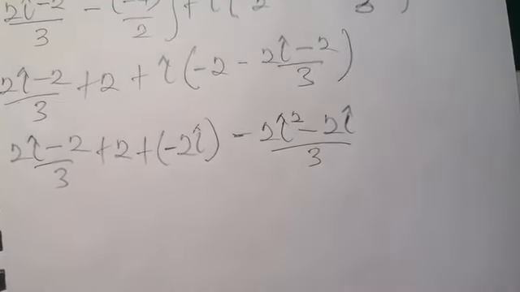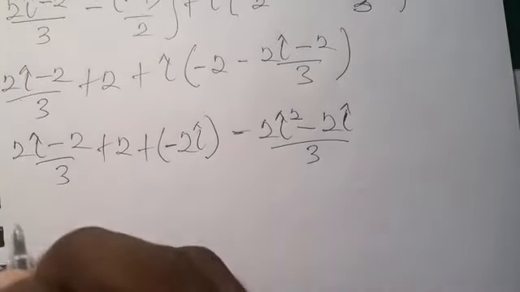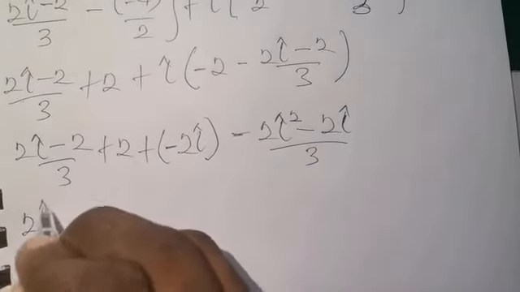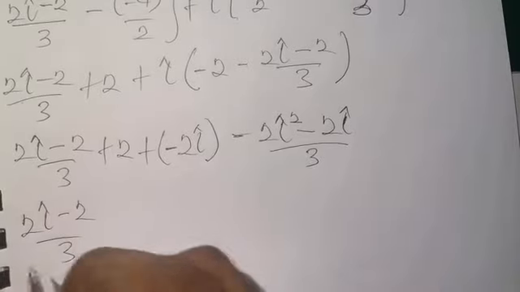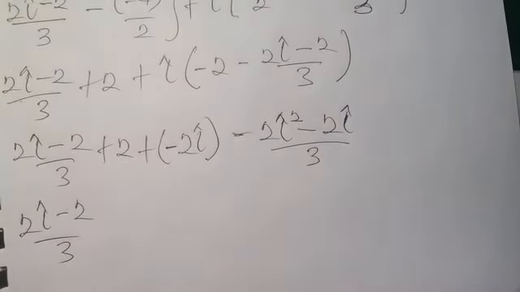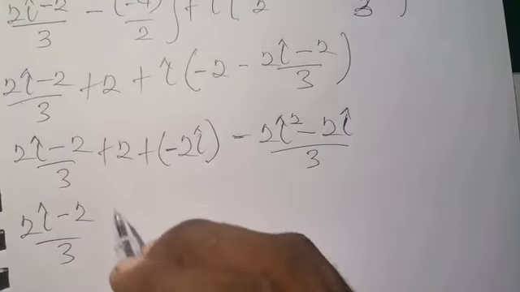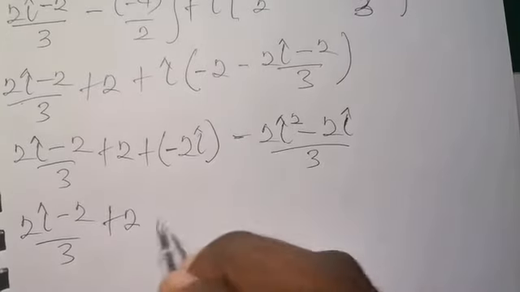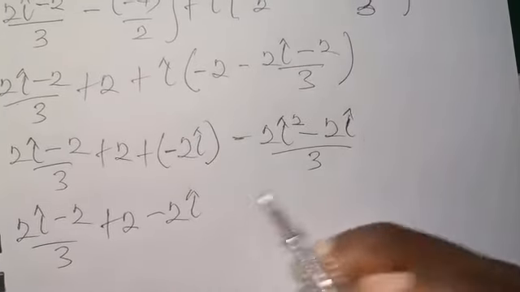So this is now (2i minus 2) all over 3, plus 2 minus 2i.